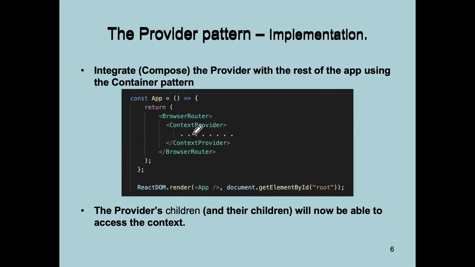Now the dots here, that's where I have all my routes. So I'm essentially composing the context provider with all of the other components, or pages if you like, in my app. And therefore, all of the other pages potentially will be able to access the data or functions inside the context construct that is being provided by my provider component.